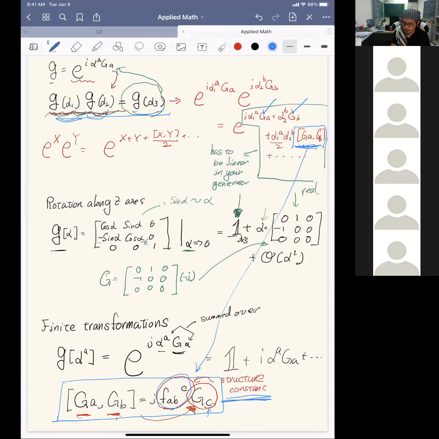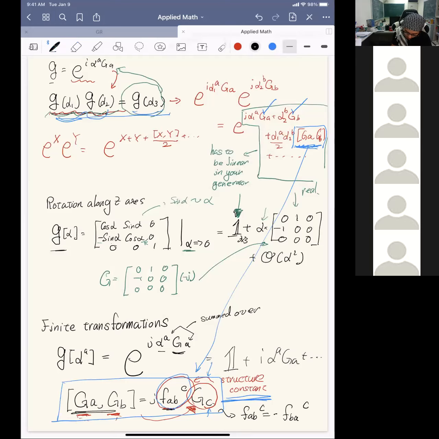Okay. Good. So the G's should satisfy these relations. Of course, from the definition of your structure constant, you immediately see that f^{ABC} is antisymmetric under AB exchange, right?